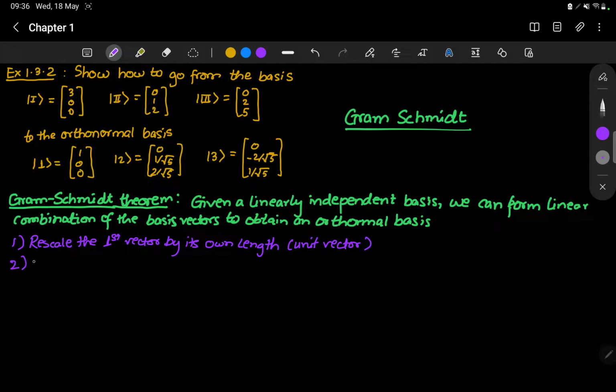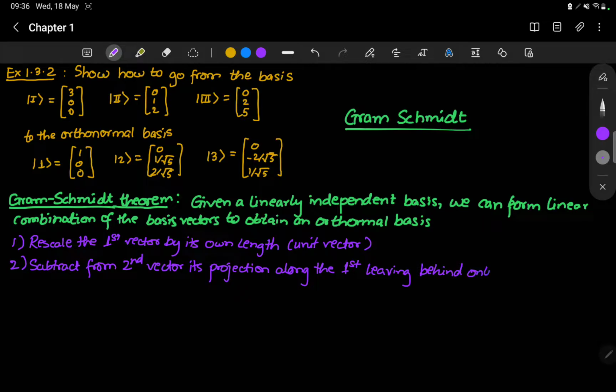Step 2 is subtract from the second vector its projection along the first, leaving behind only the part perpendicular or orthogonal to the first.